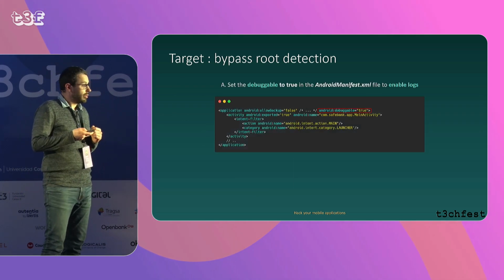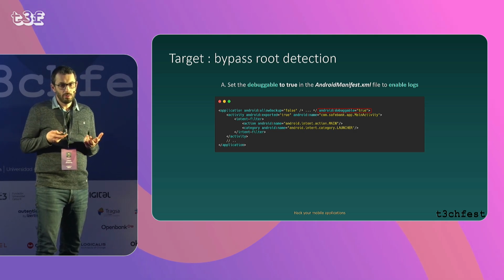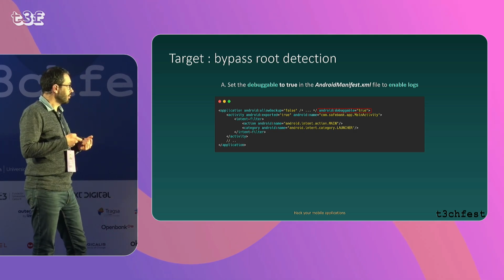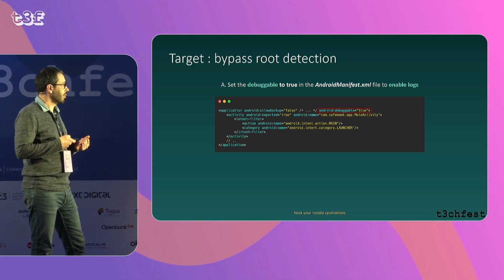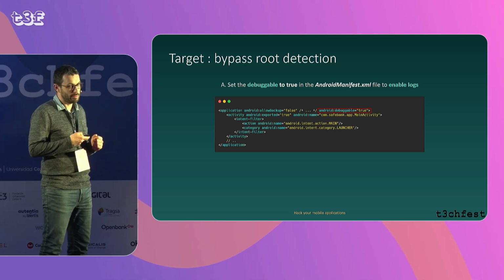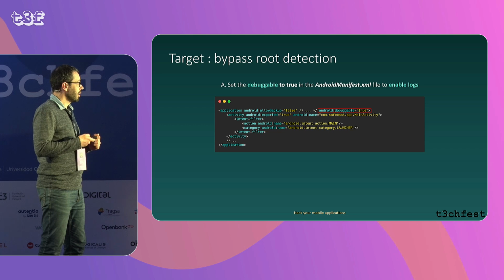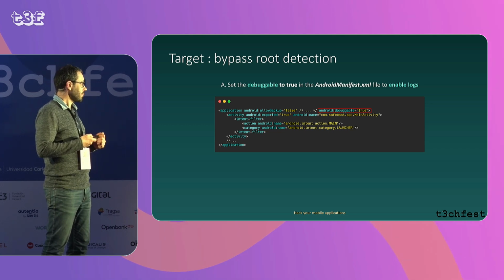To enable the debug, to enable the logs, I will just have to change this in the manifest file. So just change the false to true, and that's it.